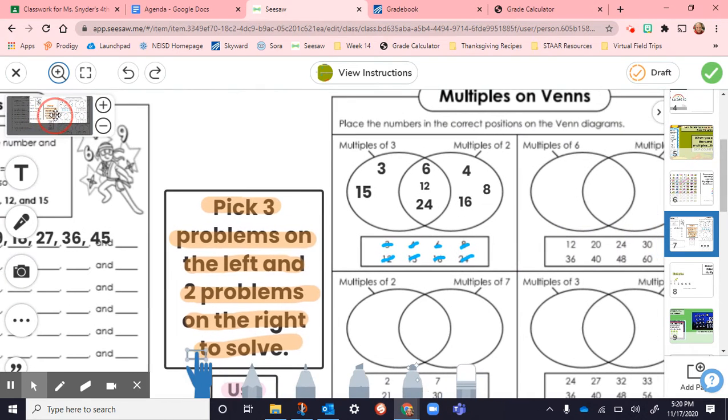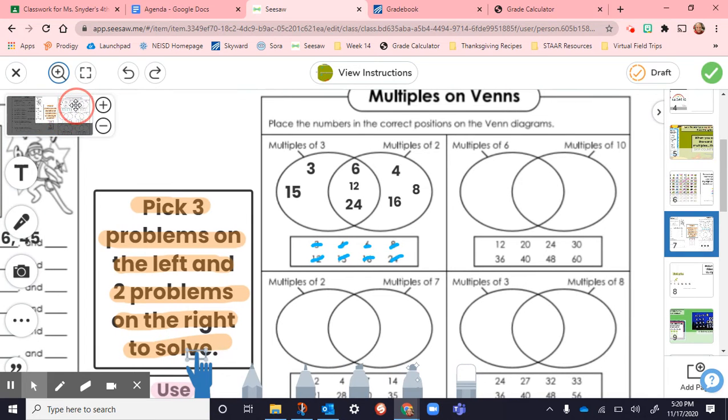Then over here you're comparing 2 different multiples, and you're using a Venn diagram. So the multiples of 3, the multiples of 2. You have a box of numbers down here at the bottom. We said that 3 and 15 are multiples of 3. When I'm skip counting, 3, 6, 9, 12, 15, each of those numbers comes up, but they're not multiples of 2.